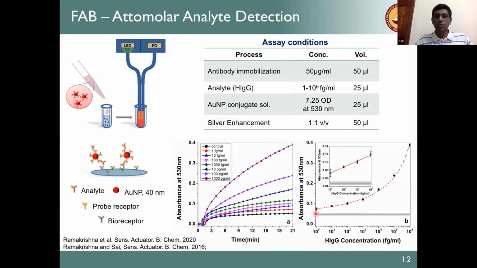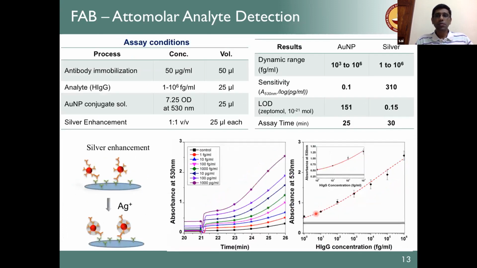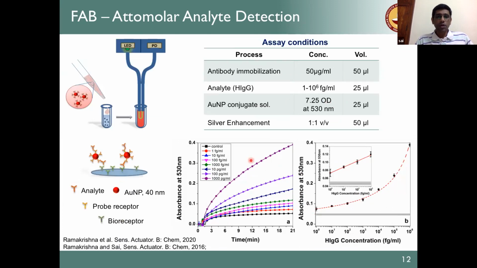That corresponds to about 151 zeptomole, or about 10 to 15 attomolar concentrations. One more important thing is there is no washing step involved. It's a real-time binding response you will be able to observe, and in 20 minutes this is the response.